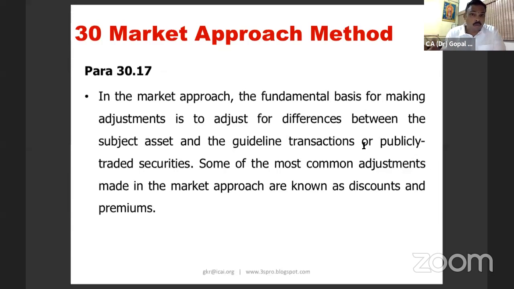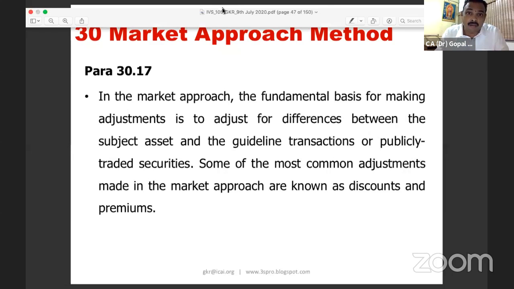28% you discounted. Nobody can question you. You are valuer. You have been given the license by IBBI. Finish. That's all. Final. Why 28% you did? You reason it out in your valuation report. No, 28 is too much. And a valuer, no two valuers will agree on the same. We have 120 participants here.